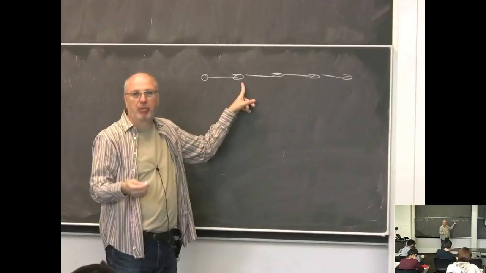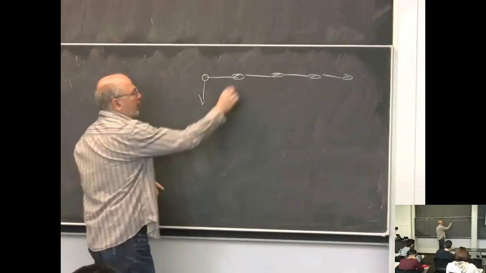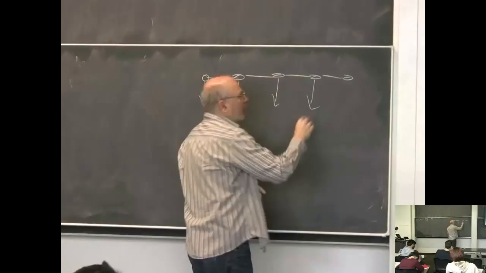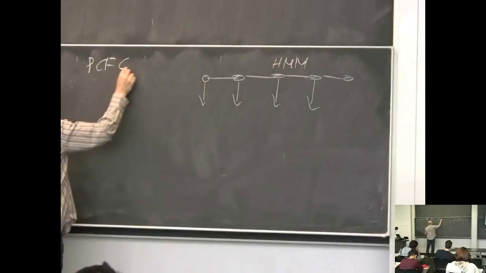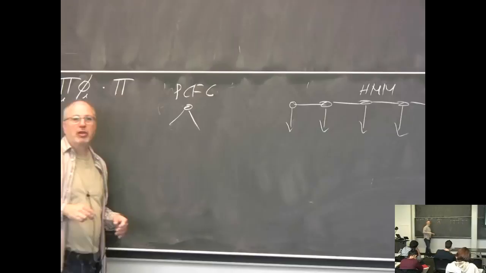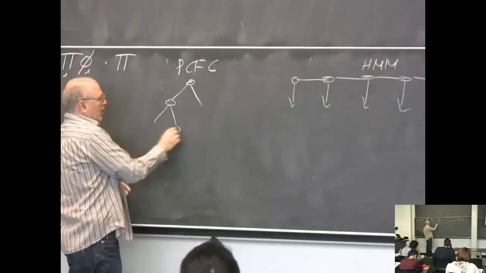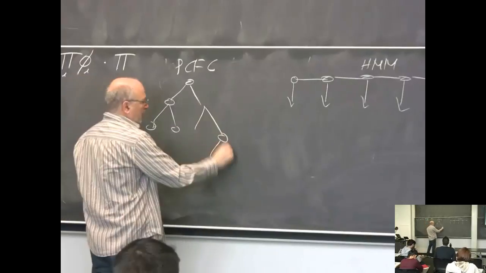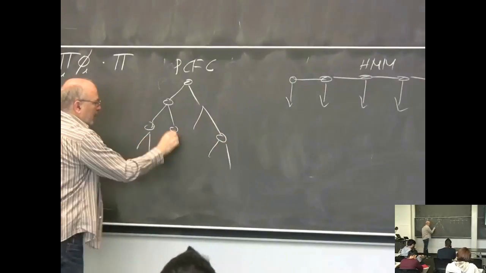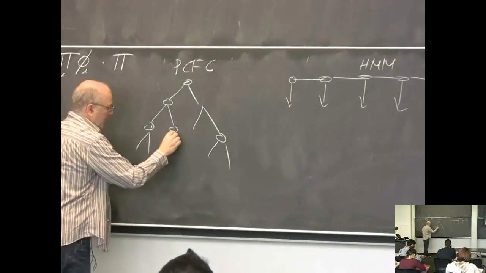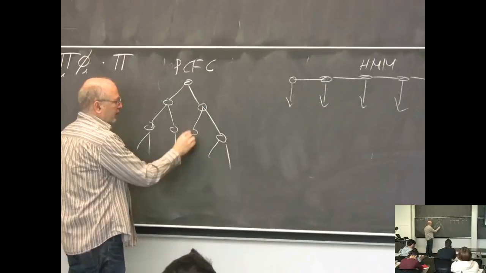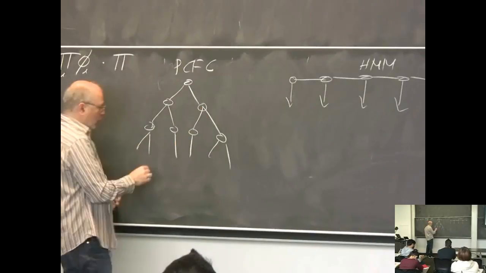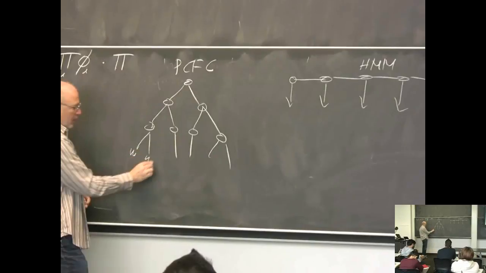You move at time, and which state you transition to depends on the transition probabilities. And then in parallel, you're emitting the observables, right? That's an HMM. In a PCFG, it's a tree branching process where you branch out and then at some point you produce a terminal.